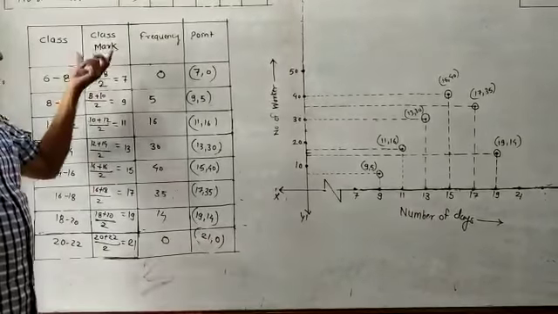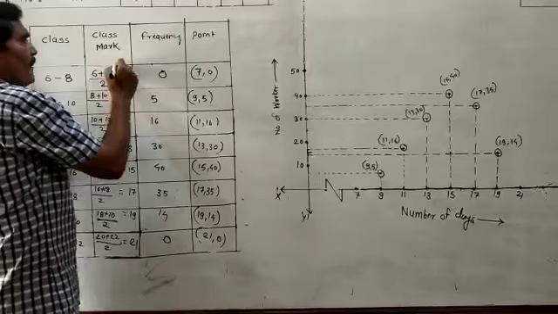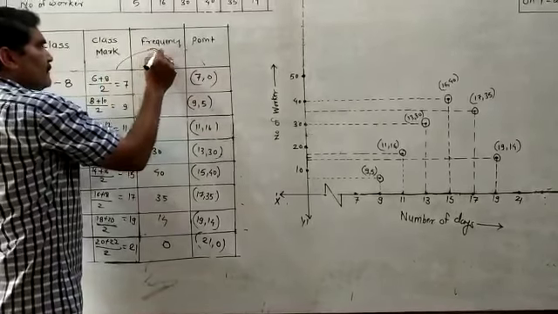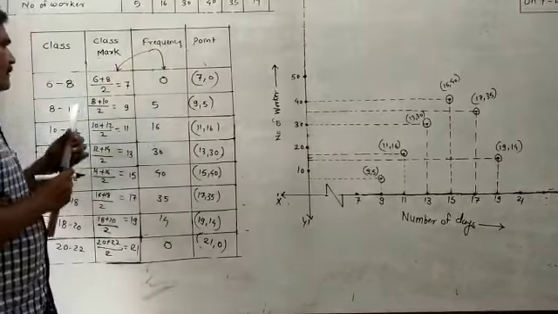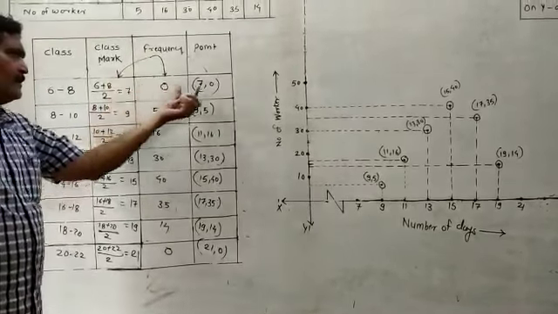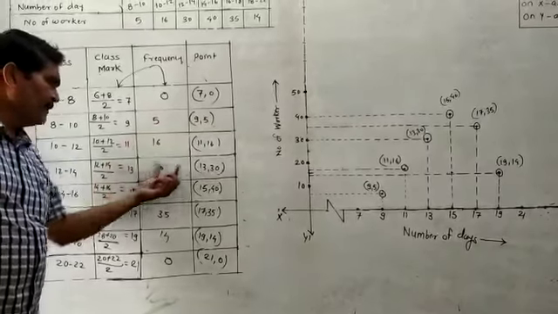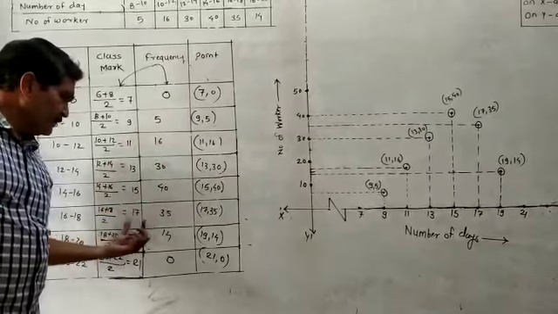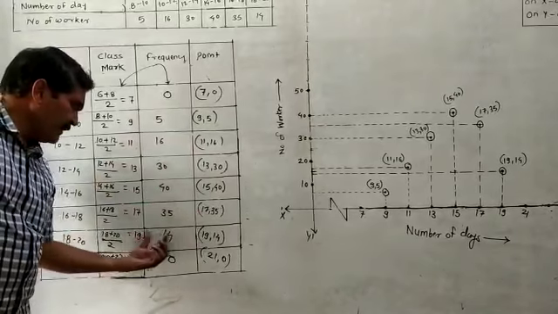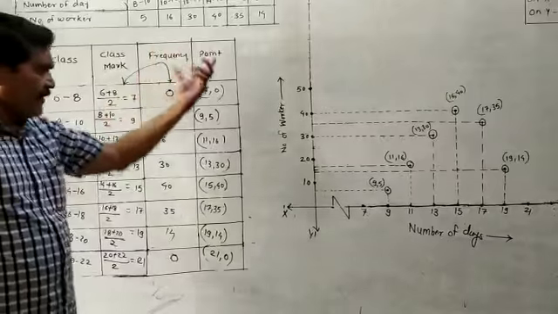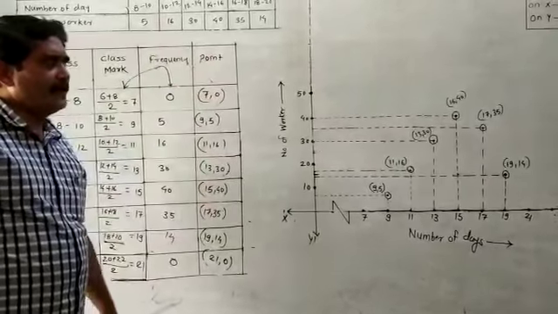Means you have to plot the graph of class mark versus frequency. So the coordinates of the points are 7, 0; 9, 5; 11, 16; 13, 30; 15, 40; 17, 35; 19, 14 and 21, 0. And according to these points you have to plot the graph.